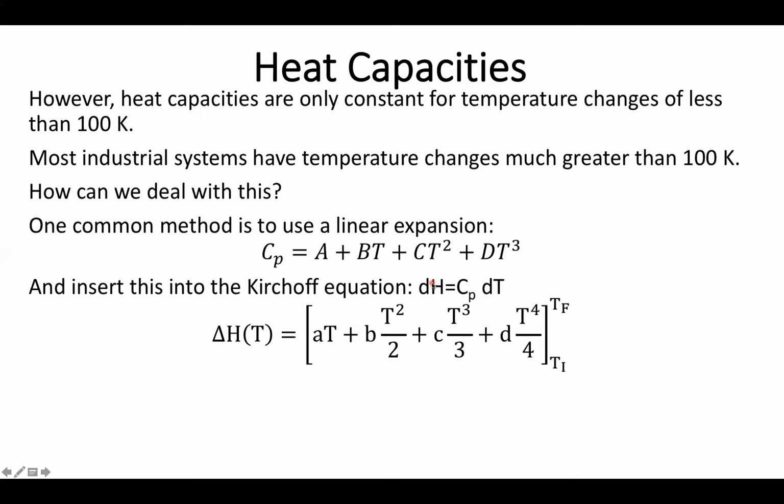And using this, we can insert into our good old friend, the Kirchhoff equation, where the change in enthalpy is related to heat capacity times the change in temperature. And then we essentially do an integration about the system and get our net enthalpy change equation with a polynomial dependence on the temperature of the system.